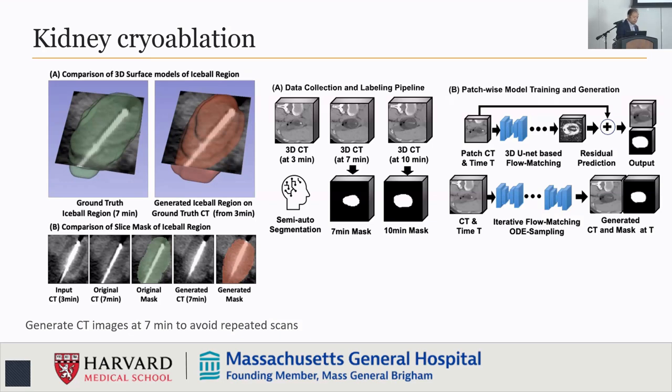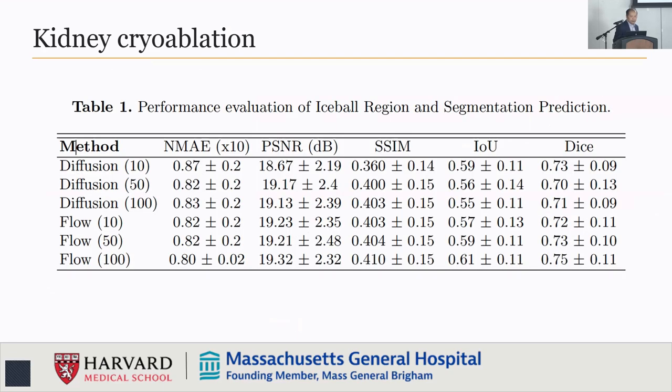When we use a generative model, we always implement both a diffusion model and a flow model. In this case, the flow model gives you better results. So this shows the generation for different diffusion models and different parameters, with quantitative measurement, particularly the dice coefficient of the segmented ice ball between the ground truth image and the generated images.